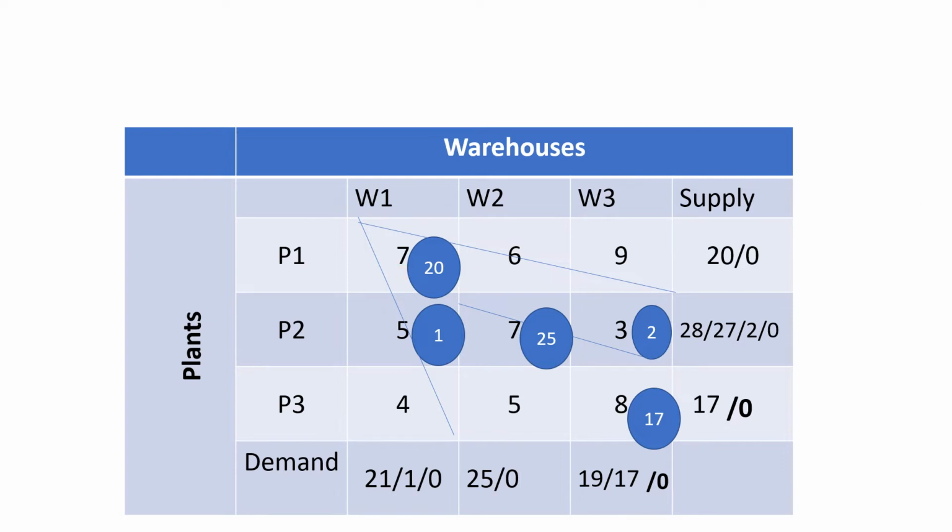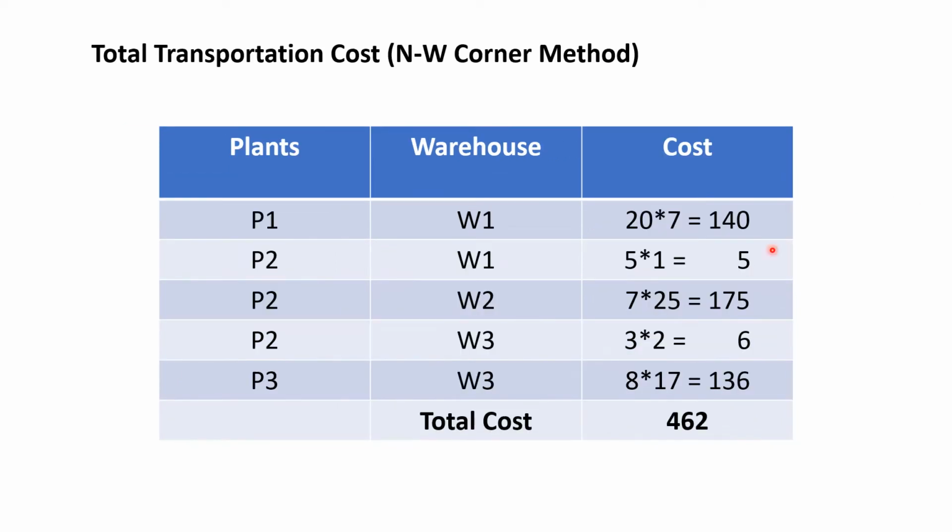So my total transportation cost becomes, so these are the plants, these are the warehouses. So this we have seen, and this we do calculations 20 into 7 plus 5 into 1 like this to get the total transportation cost as rupees 462. Okay. This is how we get the solution by Nordquist-Quander method.